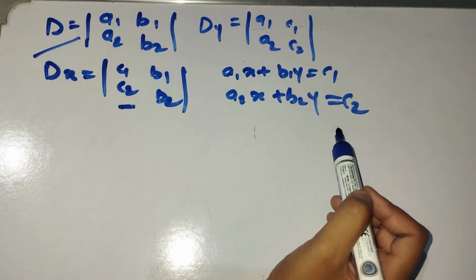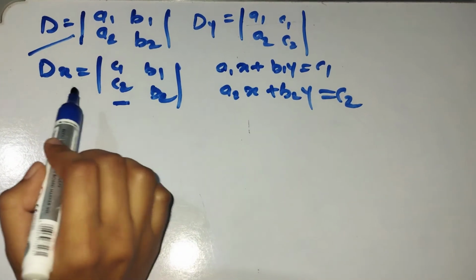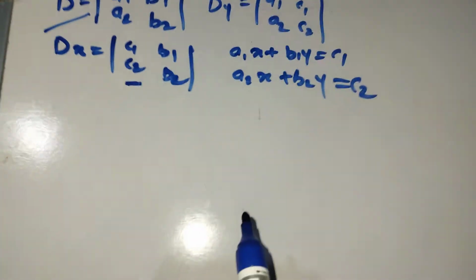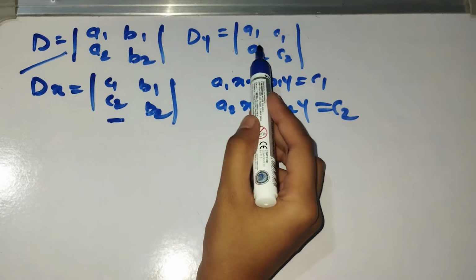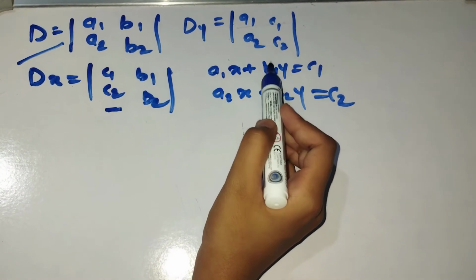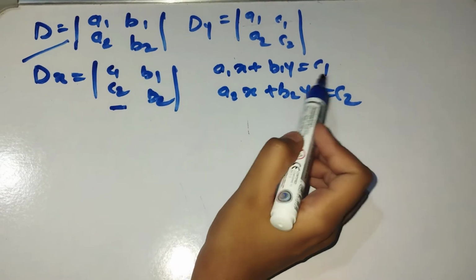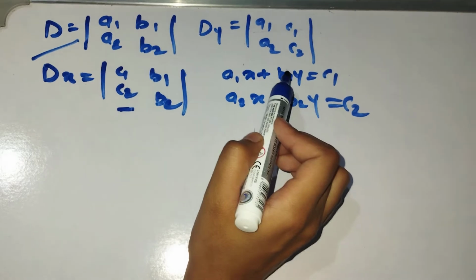After that, take the rest as it is, like in D. And for Dy, the first column will be as it is, and the second column, which is b1, b2, is replaced by the constant terms. You can learn it by a similar idea.